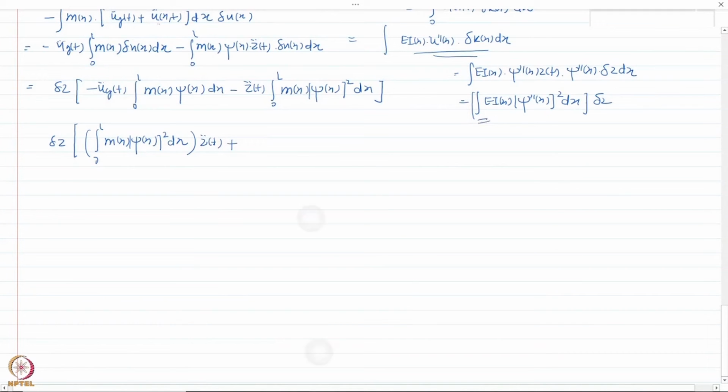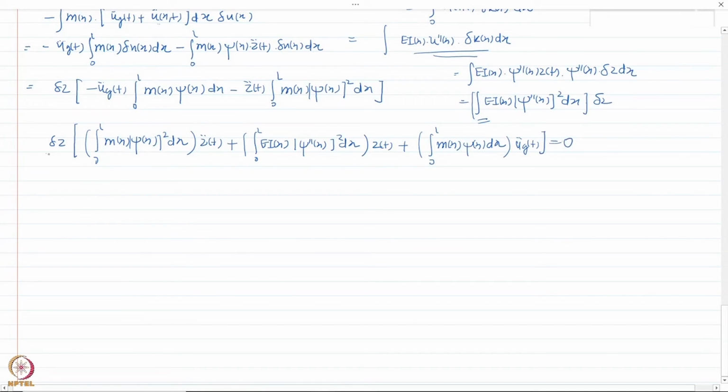This term that I'm going to write next is integral 0 to L, EI(x), phi double dash (x) squared dx, times z(t), plus this term here, which is integral 0 to L, m(x) phi(x) dx, and this whole term times u_g double dot (t), and this is equal to 0.